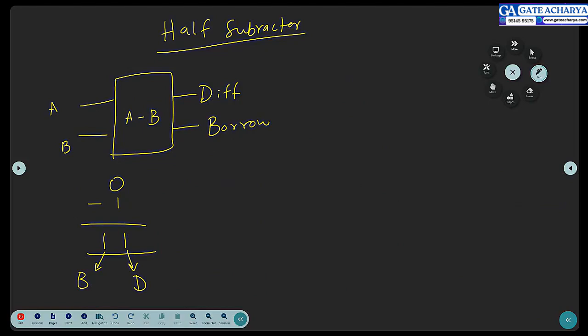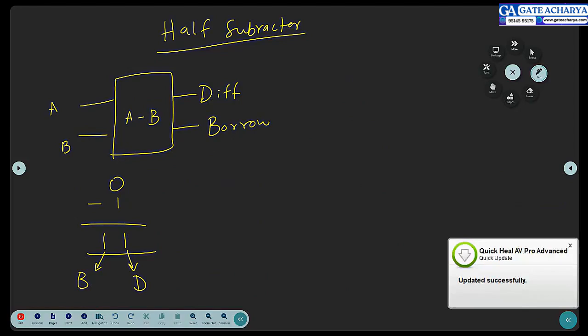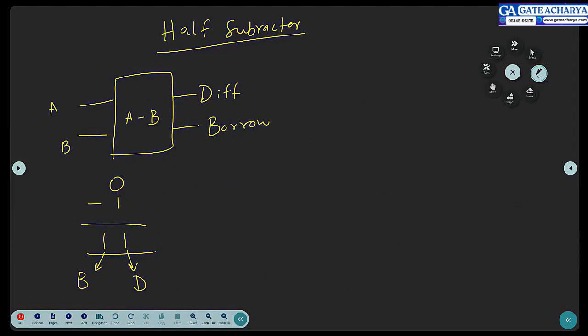So make a truth table here. Again, I want you to observe that difference is always a XOR gate. Make a note. Difference, whether it is full subtractor or half subtractor, difference is always a XOR gate. Difference and sum are always XOR gate.